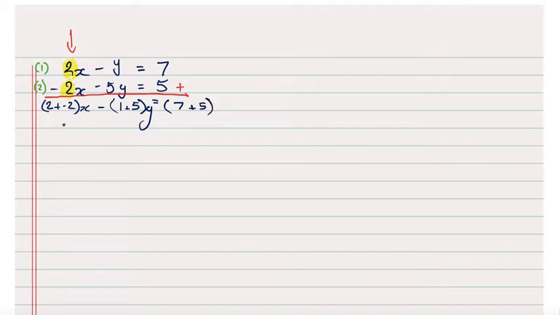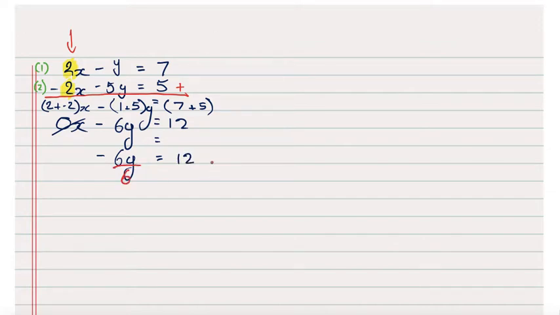So notice that the coefficient in front of x is now going to be 0, so 0x minus 6y equals 7 plus 5, which is 12. Therefore, this 0x is rubbish, so we get rid of it. So we can say negative 6y equals 12.